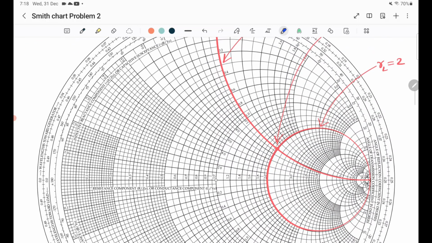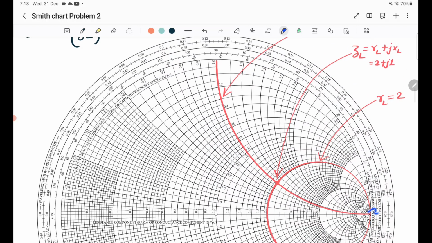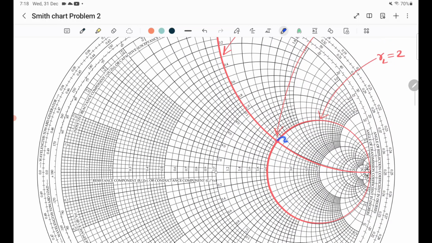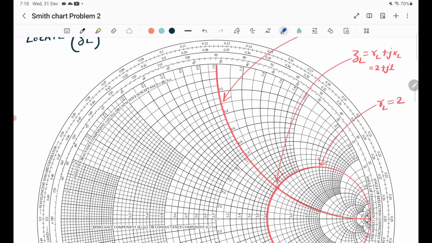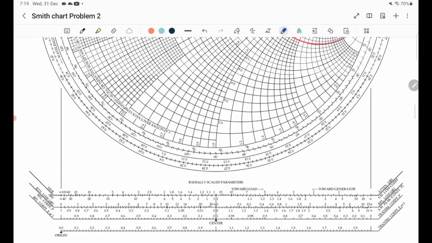If you draw the constant resistance circle, RL equals 2, which is this particular circle, and the reactance circle XL equals 1, which is this particular curve, you will find that these two circles intersect at this particular point. This point is the location of the normalized load impedance ZL. Okay, now step number 1 is done.